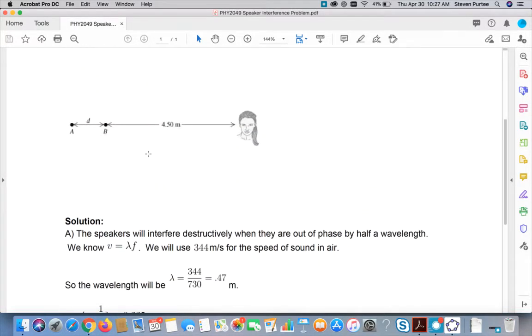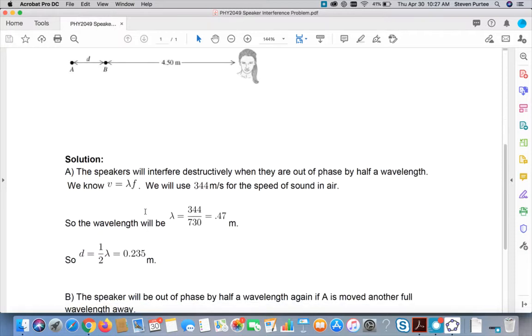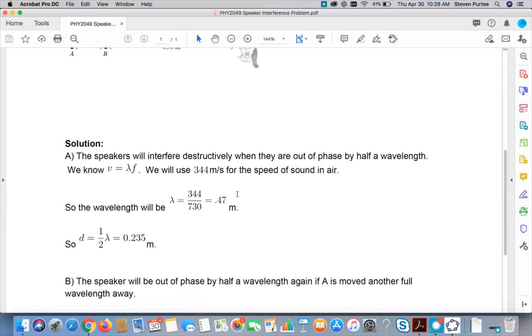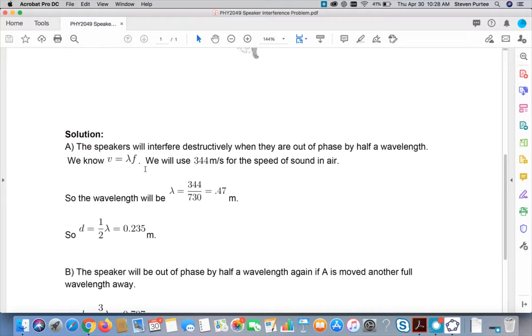Okay, so we want A to be half a wavelength. So we got to find the wavelength. Well, remember v equals lambda f. v is the speed of sound, our wave speed here. In air, that's about 344 meters per second. Our frequency, we were told, was 730 hertz.